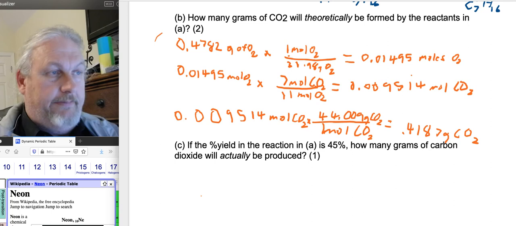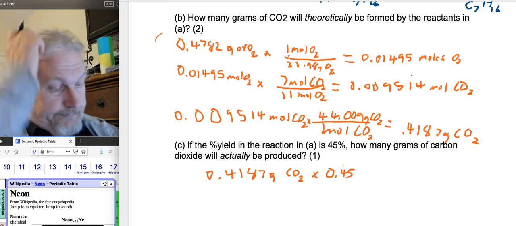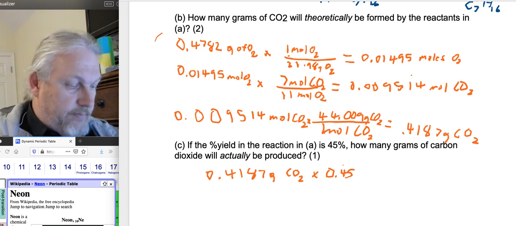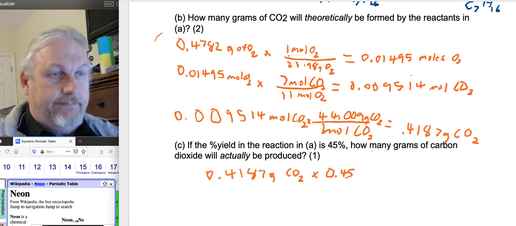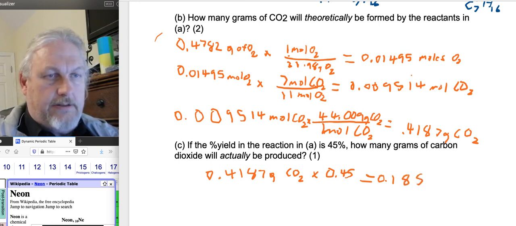I take 0.4187 grams CO2 and multiply by 0.45, or 45%, because that was the actual yield. And I got 0.18884 grams of CO2.